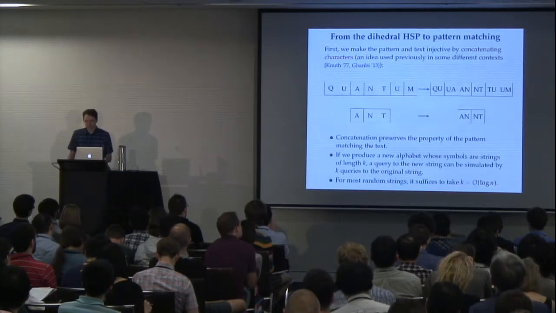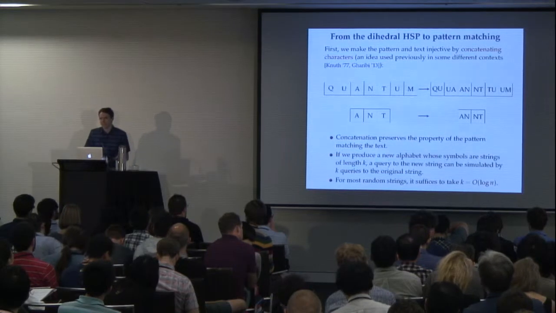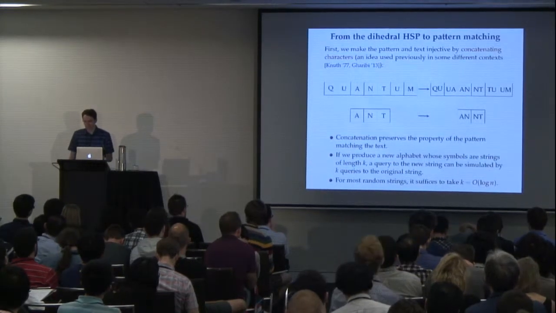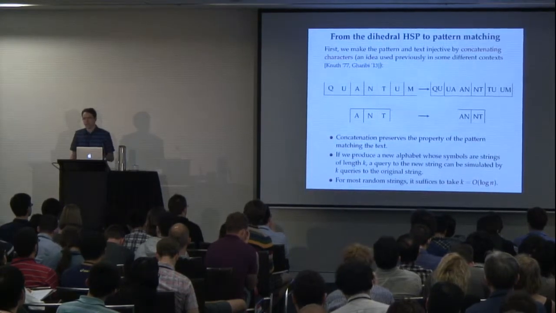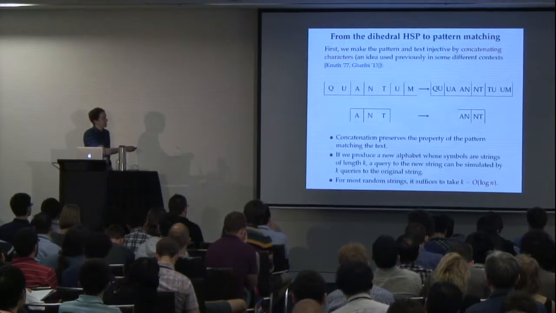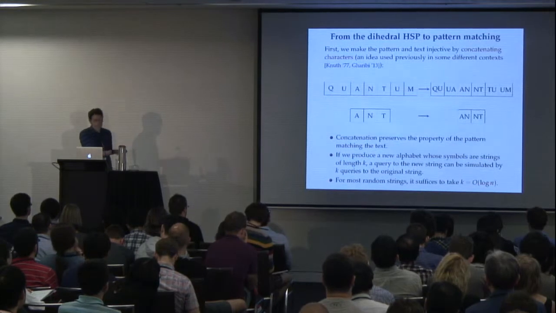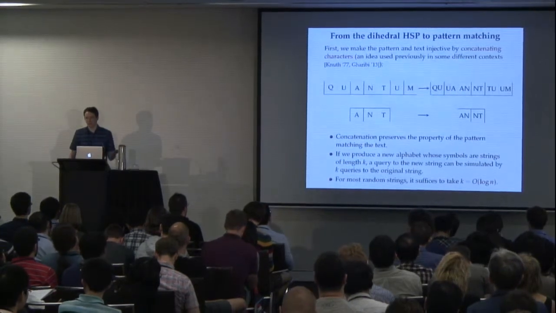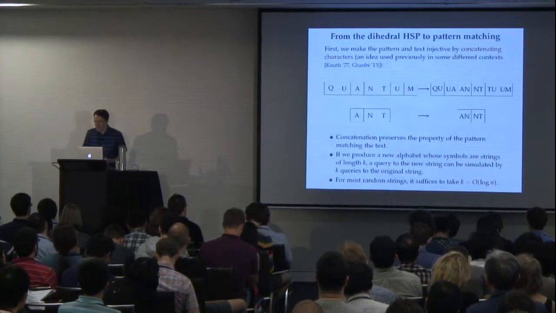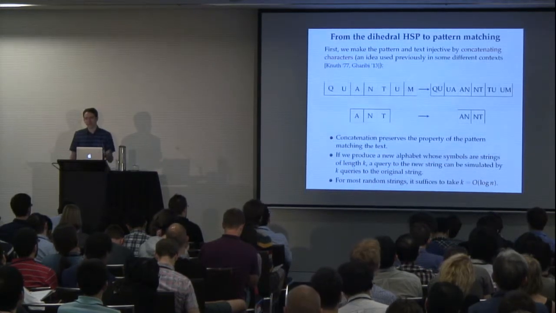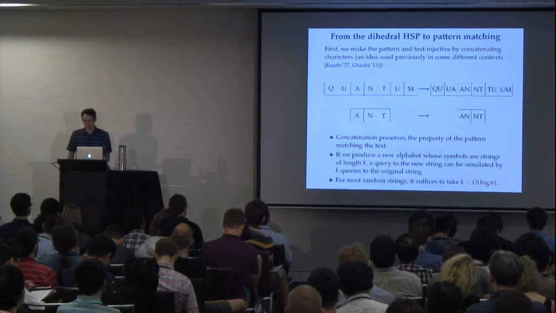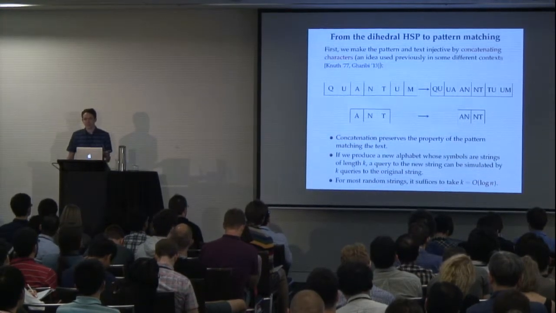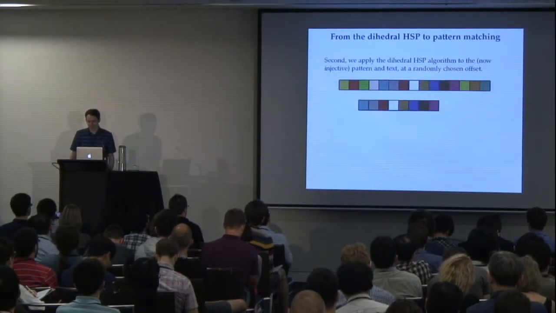And it turns out that for most strings, it's sufficient to take k being order log n in order to make the text injective. So if we pick every character in this text at random, then even if the alphabet is quite small, like maybe a binary alphabet, we only need to concatenate up to order log n characters at a time, and we get something which, with high probability, will be injective after that point. So this only gives us a log overhead here in our algorithms.